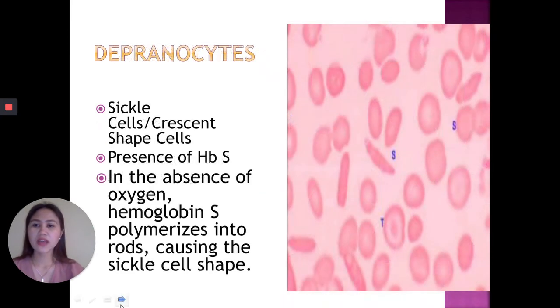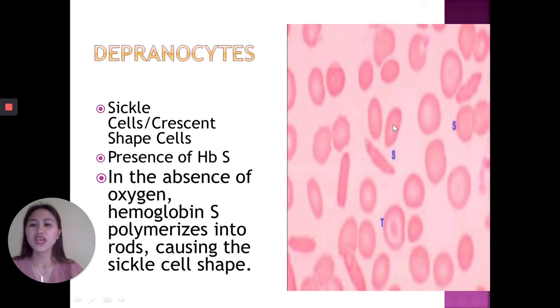Next, we have drepanocyte, or this is the sickle cells or the crescent-shaped cells. Of course the shape is crescent-like, and of course it is a very alarming sign if you find these RBCs in the peripheral blood, because the patient might have sickle cell anemia.